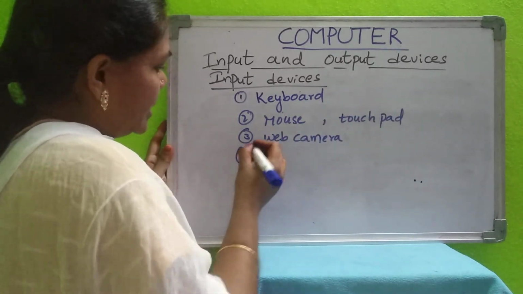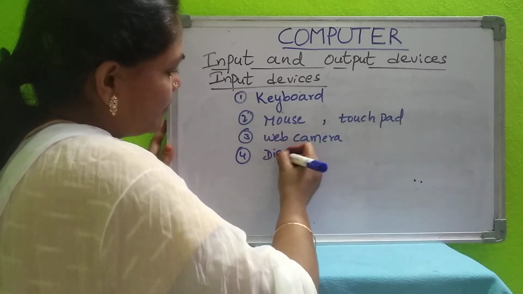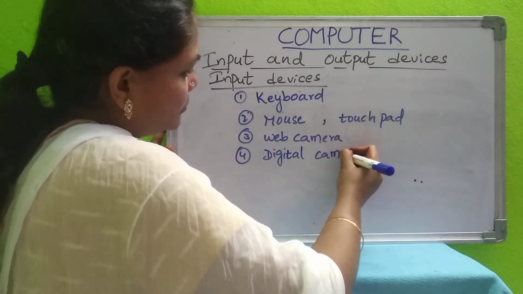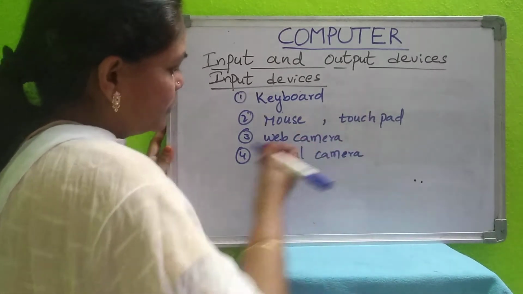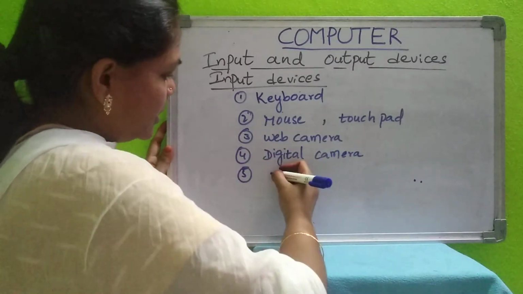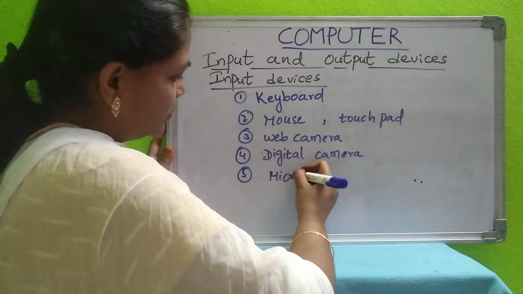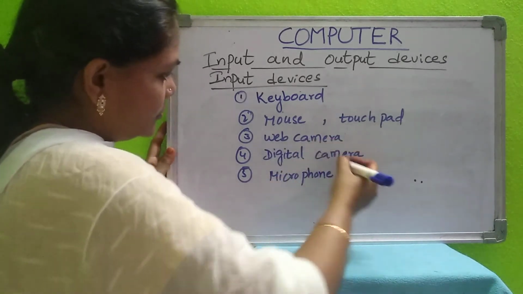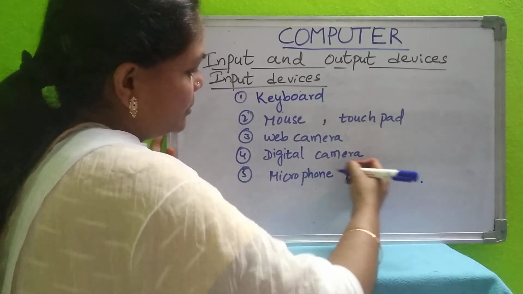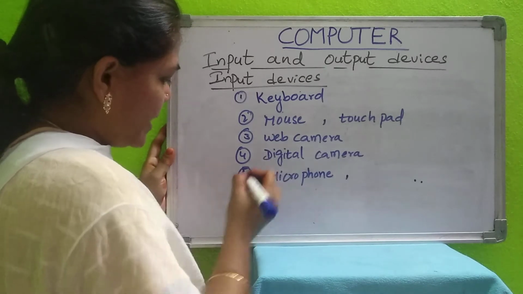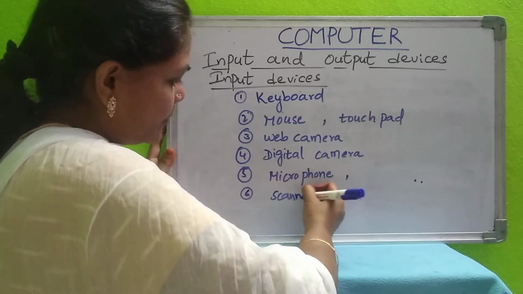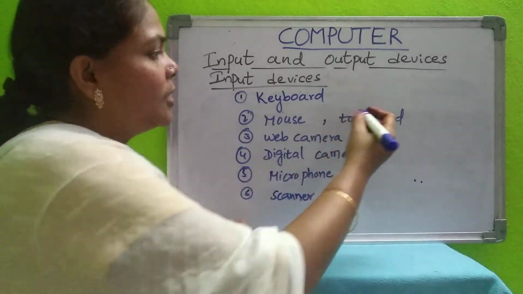Fourth is digital camera. Fifth one is microphone, with headset. You have learned about all these devices through which you can give the input data.